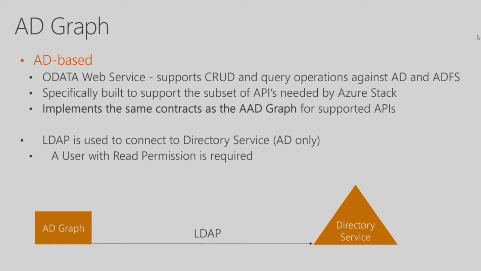We do use the LDAP protocol to make that call to your domain in order to query the user objects. Once we've gathered the user objects, we pass them to our policy server. And our policy server does a match to enable those RBAC scenarios and passes them back to Graph, to ARM.